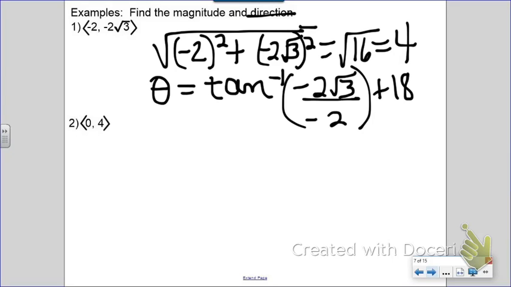Find the degree measure first. When you plug this in the calculator, you get 240 degrees.